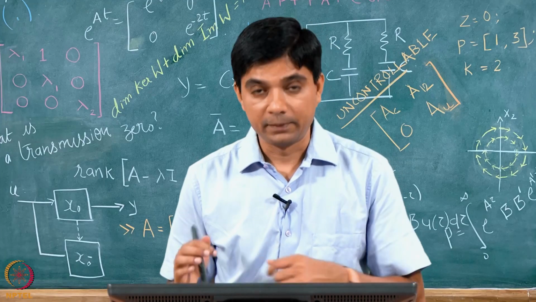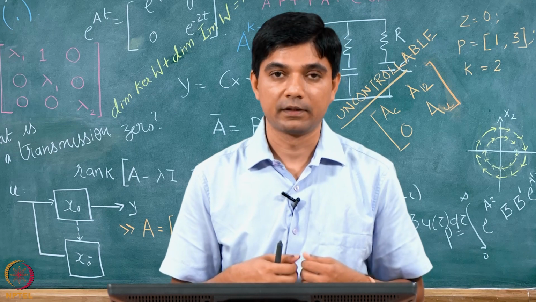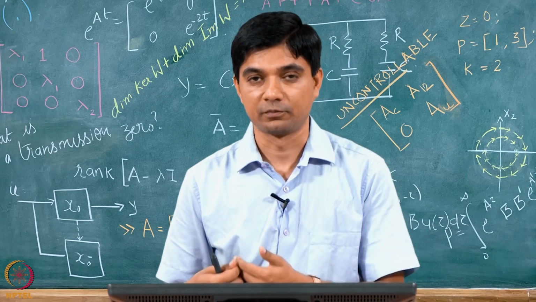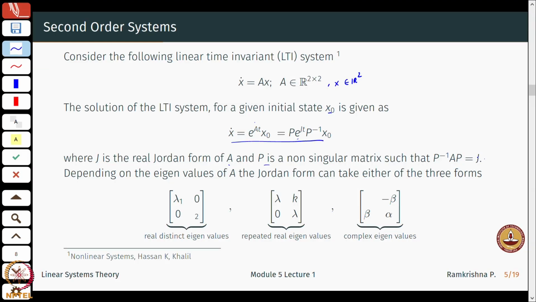Depending on the nature of eigenvalues, the Jordan form can take several forms. In this case, essentially it will take 3 forms. First is when the eigenvalues are real and distinct. The Jordan form will just be a diagonal, with lambda 1 and lambda 2, which means that the eigenvalues are just lambda 1 comma lambda 2. In this case, I will realize a nice natural diagonal form.